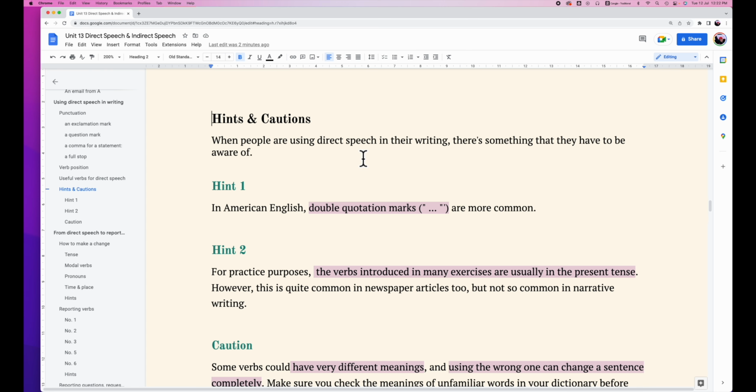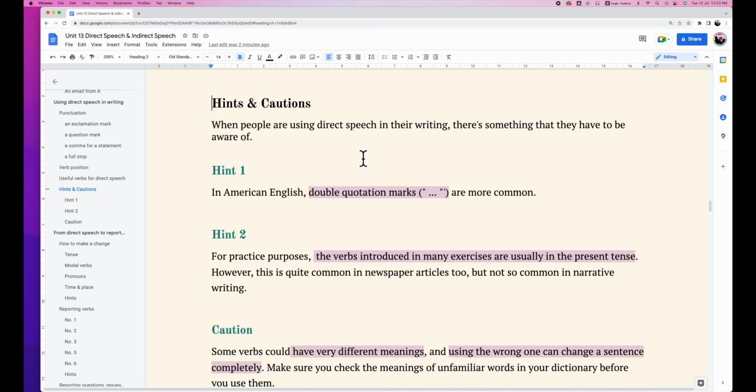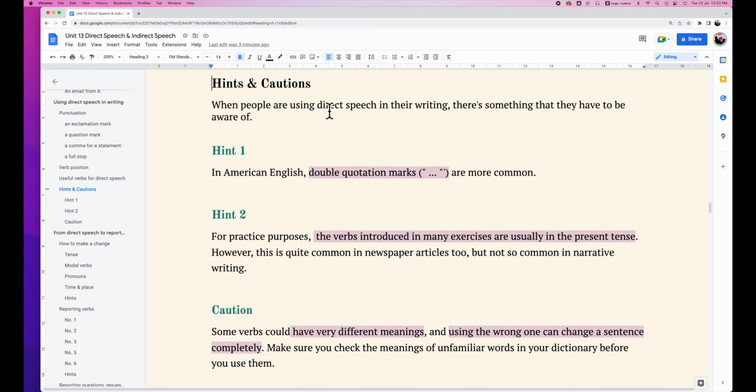There are some areas that we have to be cautious about, and some hints that you can use when you are writing direct speech. Let's take a look. Hints and cautions. When people are using direct speech in their writing, there's something we have to be aware of.